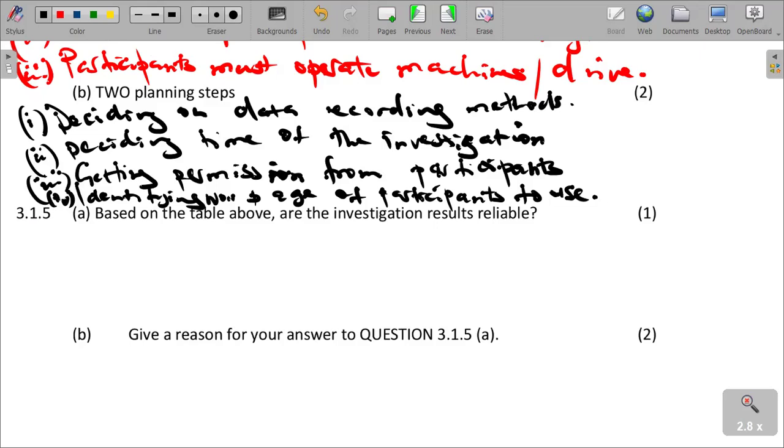And then based on the table above, are the investigation results reliable?